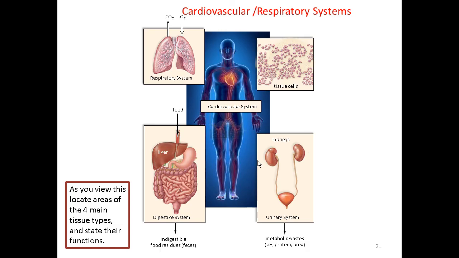Remember, kidneys regulate what? Blood pH and blood pressure. And then they excrete all the metabolic byproducts to the bladder to be excreted. All of these are made of cells, and the cardiovascular system feeds the cells throughout the body by circulating all these nutrients and carrying away all the metabolic waste.